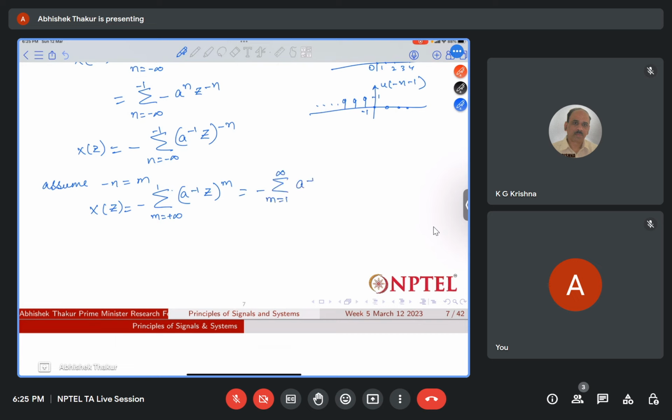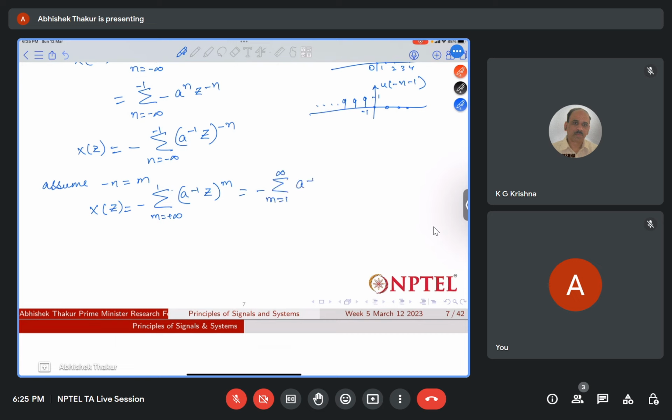Since this is a summation, we can simply change the lower and upper limit. So when you add it, X(z) will be minus of a inverse z plus a inverse z square, and this will go up to infinity.